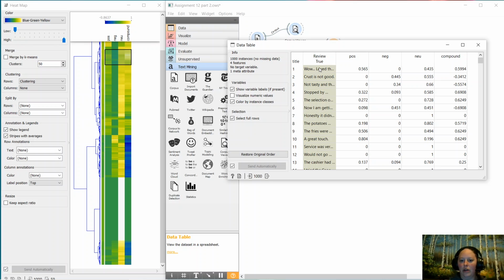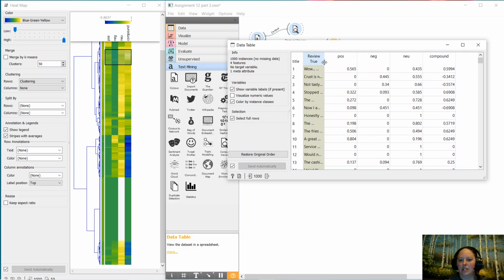"Wow, loved this place" is going to be a positive. There's zero negative part. There's a little bit neutral. So the compound answer is 0.59, a 60% positive review.